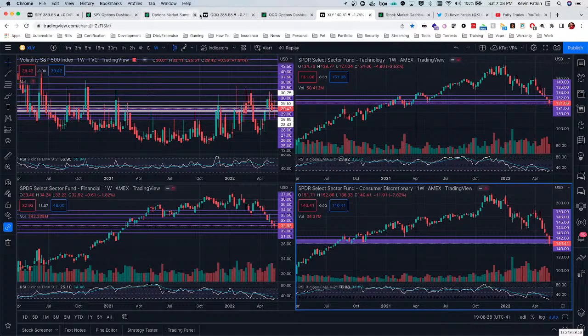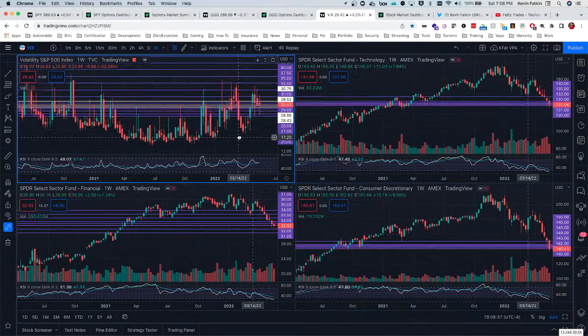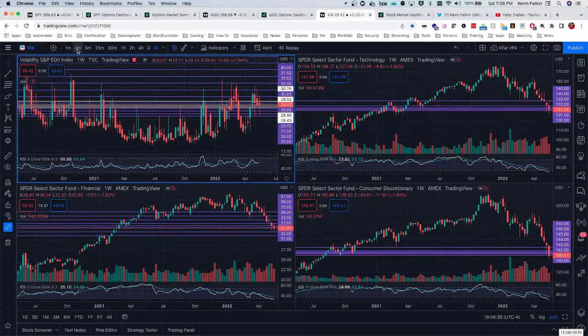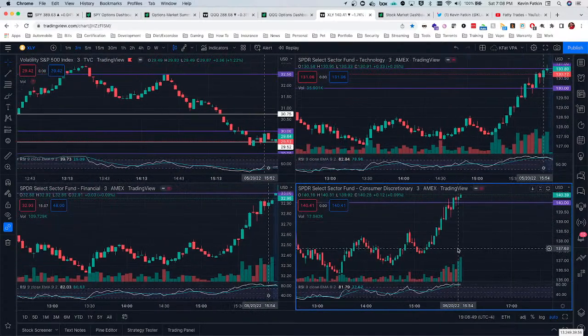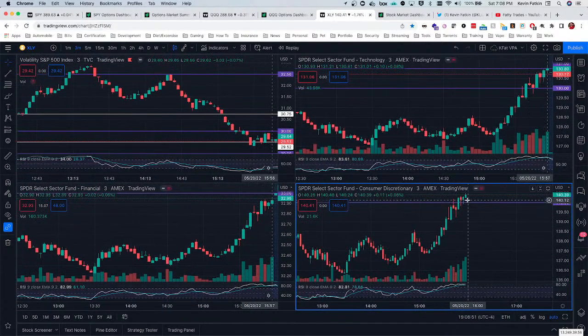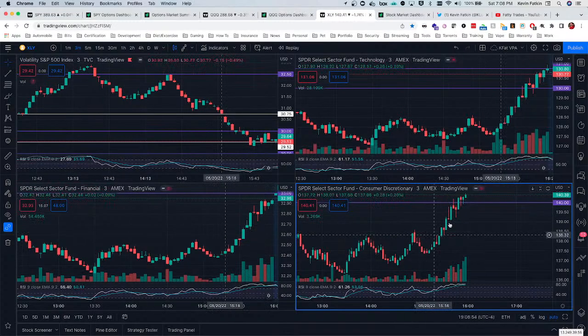And what I like to see is whenever SPY is holding a level that I want to take a trade off of, I look to make sure that VIX, which is the opposite of SPY, it's an inverse relationship to SPY. So if SPY is going up, you want to see VIX going down, vice versa. So if I want to see a level hold, before I play that, what I always look for is the level to be holding on all three of these sectors.